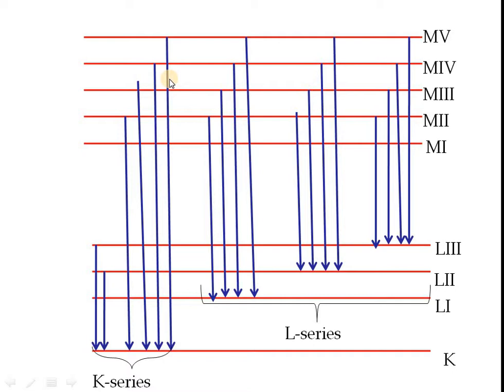The transitions are possible from all these subshells into lower levels, which results in X-ray emission. For example, all the transitions to the K level are called K series X-rays or K X-rays, and all the transitions to the L levels, we classify them as L level X-rays. Similarly you have M level X-rays.